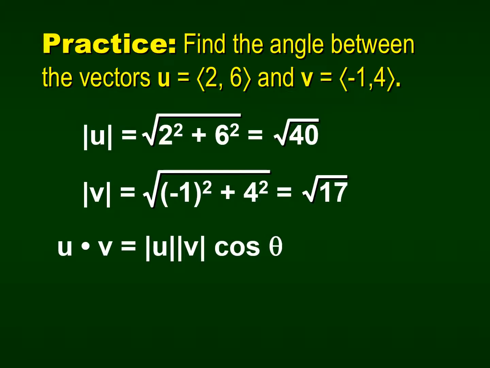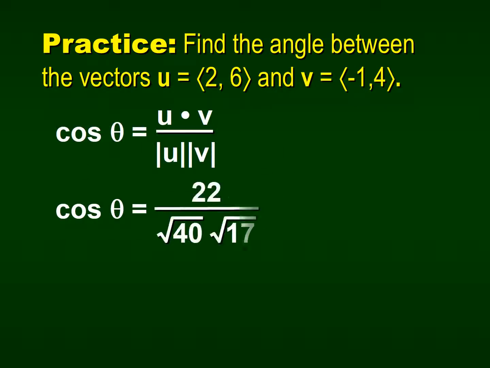So now I can plug all of that into my formula to find the angle. So remember, cosine of my angle is equal to u dot product v, which we said was 22, over the absolute value of u, which we found to be the square root of 40, times the absolute value of v, which we said was the square root of 17.